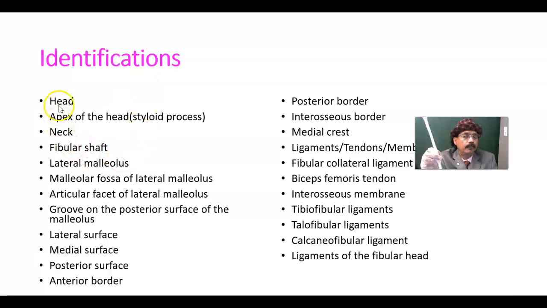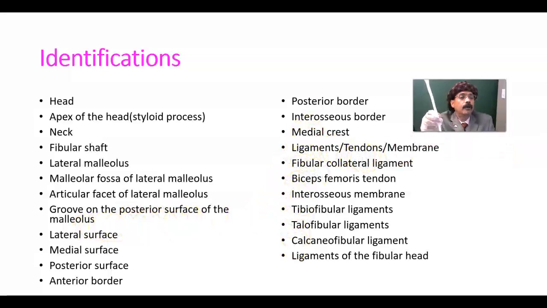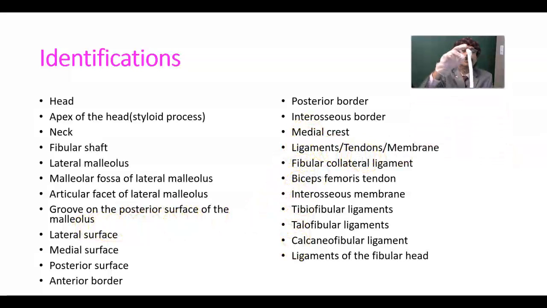These are the identification: head, neck, apex, fibular shaft, lateral malleolus, malleolar fossa, articular facet of the lateral malleolus, and the groove on the posterior surface of the malleolus. We have to identify all this with some ligaments, like the fibular collateral ligament at the apex of the fibula, and around it we get the insertion of biceps femoris.